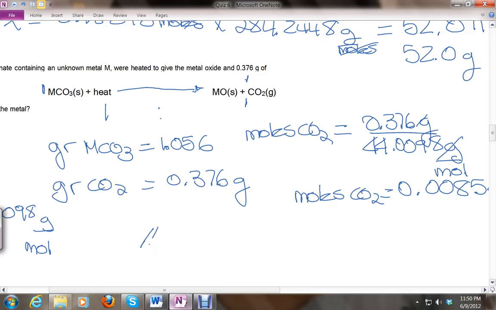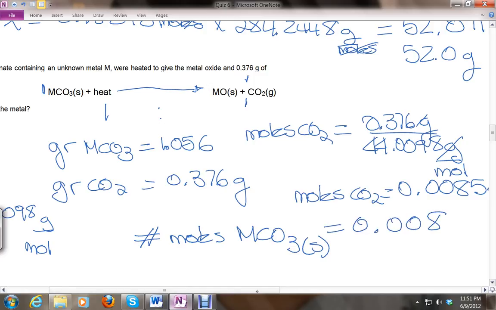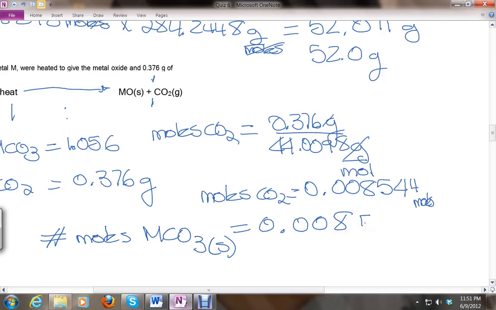The same. So the number of moles of MCO3 is going to be equal to the number of moles of CO2, which is 0.008544 moles.